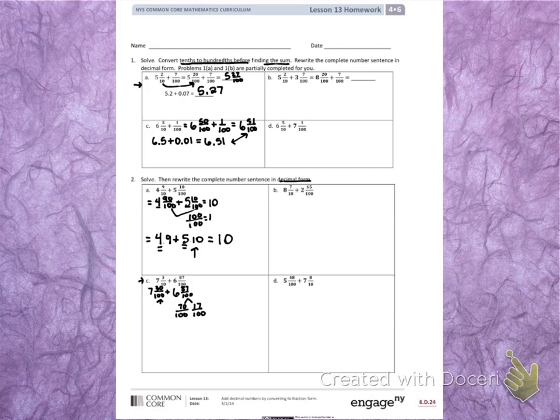And now I think I'm going to use a different color to show what I am looking at next. So I have my 7 added with my 6. We can do that. And then I have this one right here added with this one, which is going to make a 1. So let's maybe write them down. I have a 7 added with my 6, added with my 1.